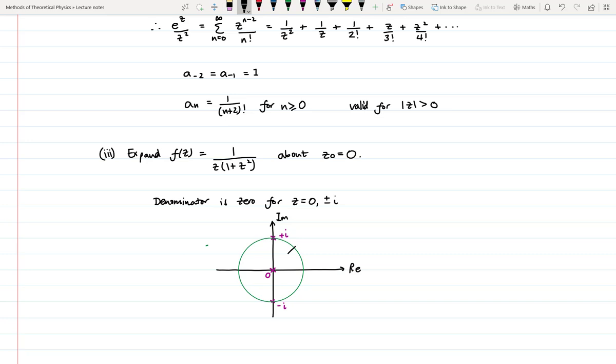I'm going to denote the region inside this circle as region A, where the absolute value of z lies between 0 and 1, and another region, B, which is everything outside that unit circle, and this is where the absolute value of z is greater than 1.